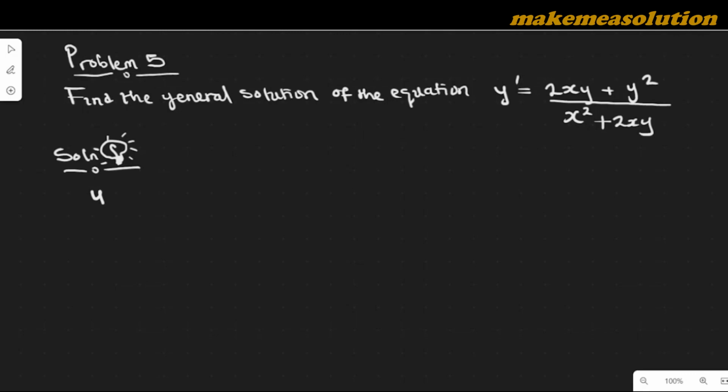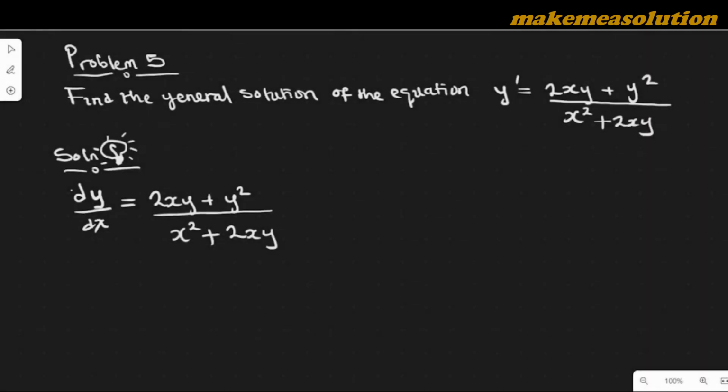So y prime can be written as dy/dx. dy/dx is equal to (2xy + y^2) over (x^2 + 2xy). Okay, so this is already arranged for us. There's no need to make dy/dx the subject of the formula because the question came prepared for us.